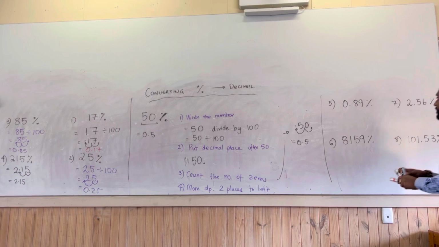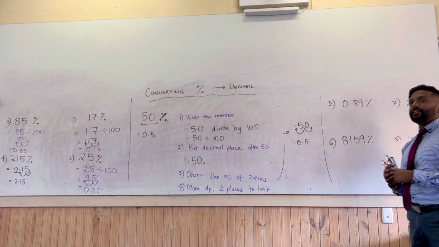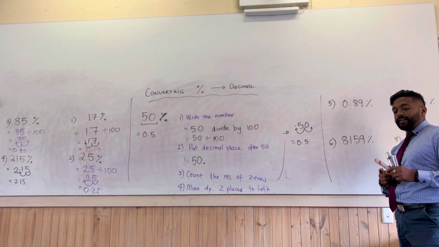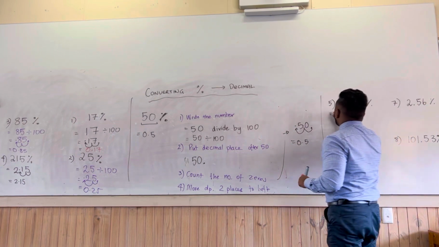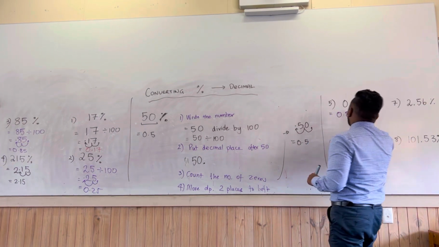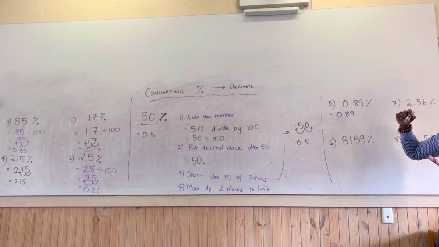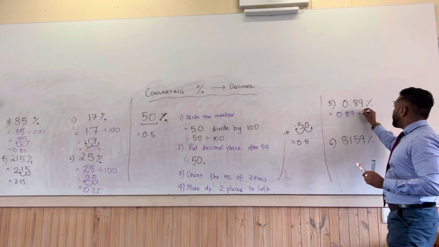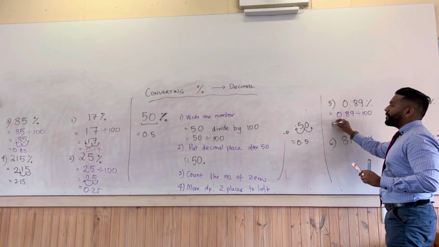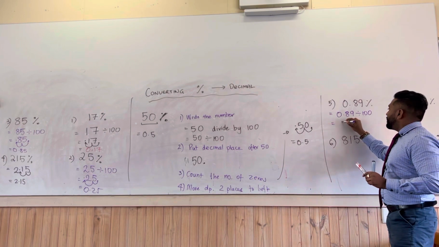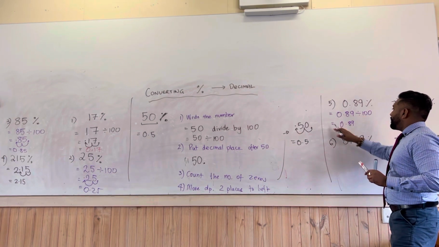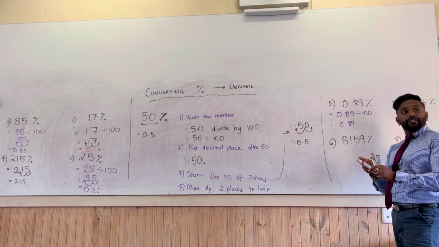So now, going through this question here, 0.89. Ekim, what's the number I'm going to write here? 0.89. And what am I going to do next? Yeah, divided by 100. And next? Yep, move it 2 places to the left.